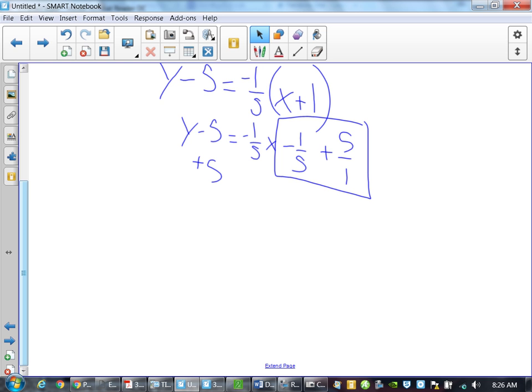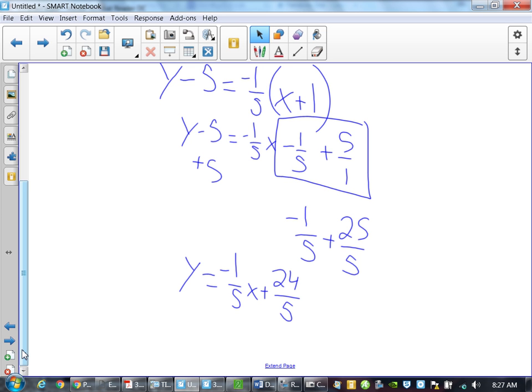So if I multiply that second one, top and bottom, by 5, what would you get? 25 over 5. So in essence, what I'm doing here is -1/5 plus 25 over 5. Bottoms are the same, so what's -1 plus 25? 24. My final answer would be y equals -1/5 x plus 24 over 5.